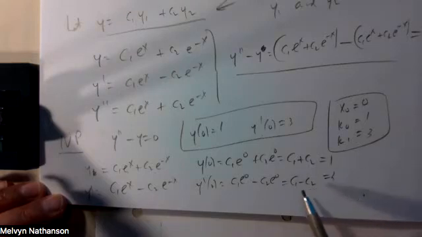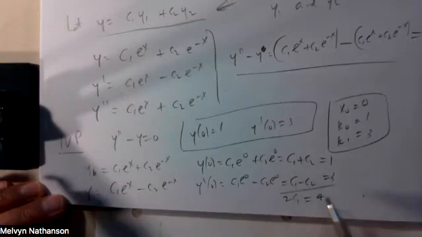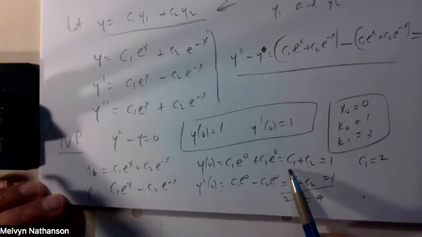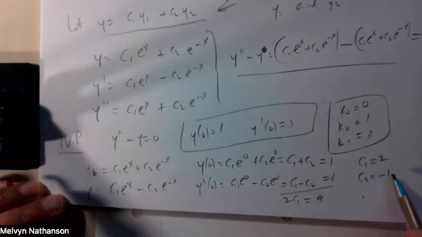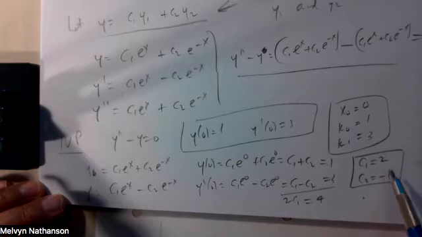But this is just solving two linear equations in two unknowns. If I add them, I get 2C1 equals 4. So C1 equals 2. If C1 equals 2, C2 has to be equal to minus 1. Because 2 minus 1 is 1, and 2 minus minus 1 is 2 plus 1 is 3.